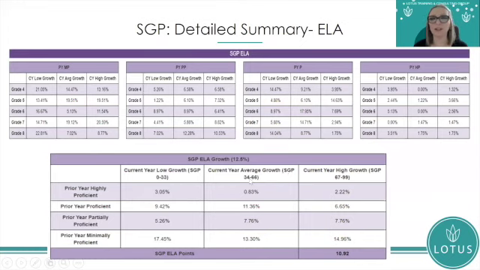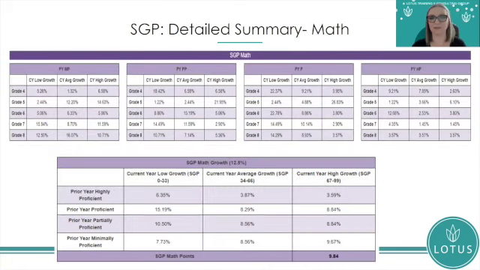When I want to look more deeply by grade level, I'm going to click on that view data button, similarly to the proficiency data. Now I can see, for each of the performance bands from the prior year, by grade, what percentage of my students are falling into each of those categories. Again, I can look at just English language arts, and then look at this whole same set of data for mathematics.